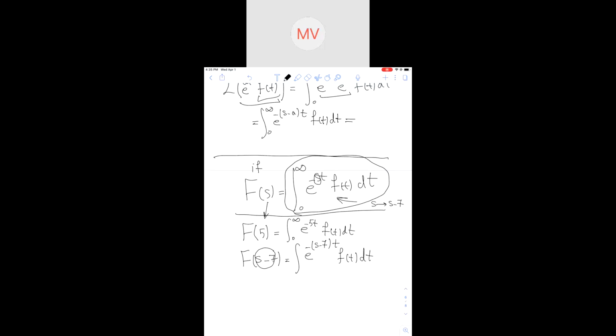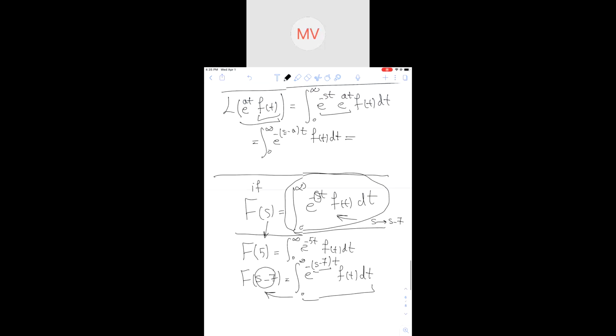Now, that being said, think about it. Look at this formula. E to the negative, when this is like the coefficient of t, if it's negative (s minus 7), then this is nothing but the initial Laplace evaluated at s minus 7.